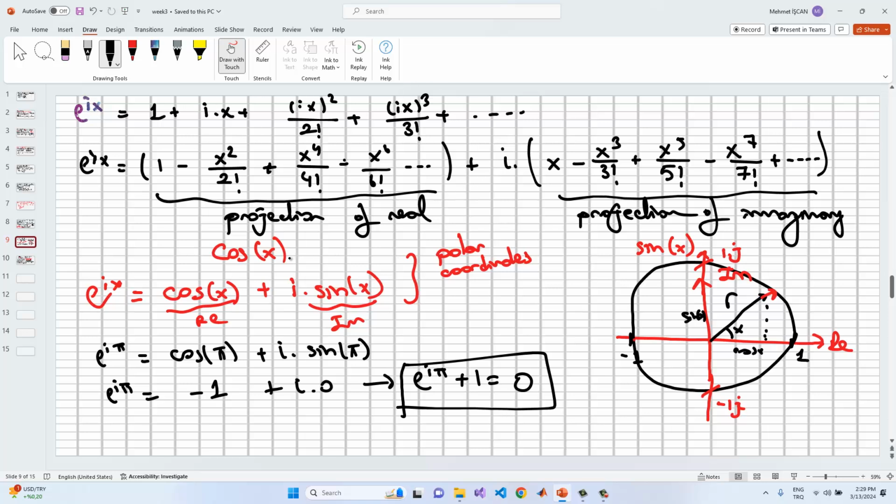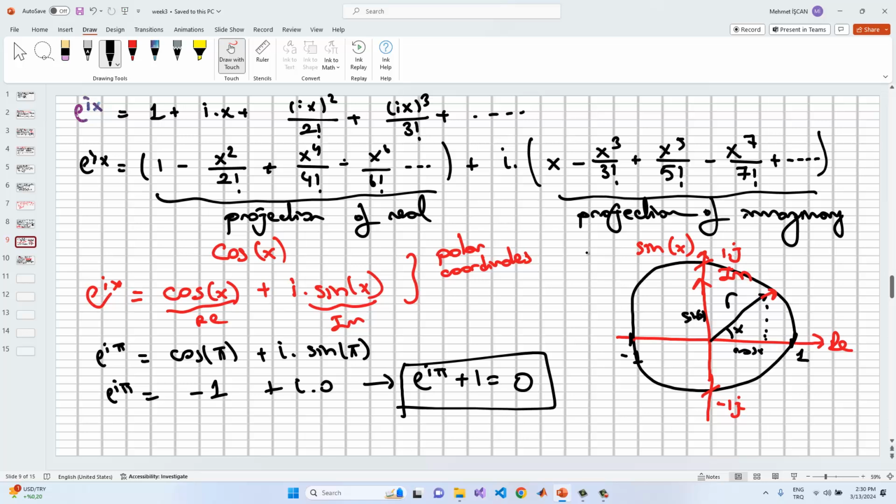Because the cosine and sine are produced based on this definition right now. Otherwise, we cannot define the cosine and sine, right? And so this is why we can use the cosine and sine in the Fourier series to represent what? To represent any function.